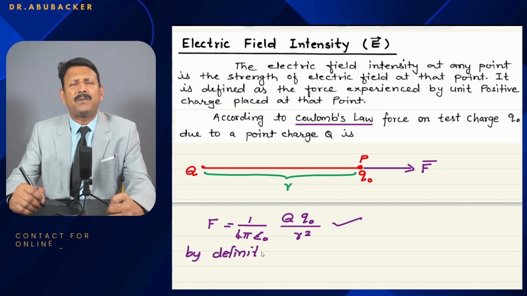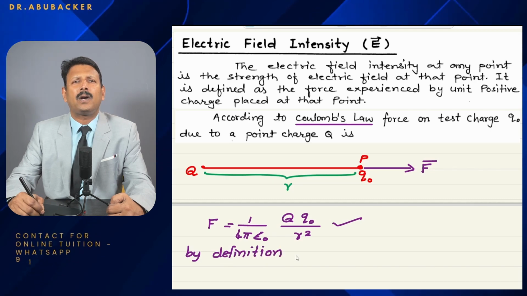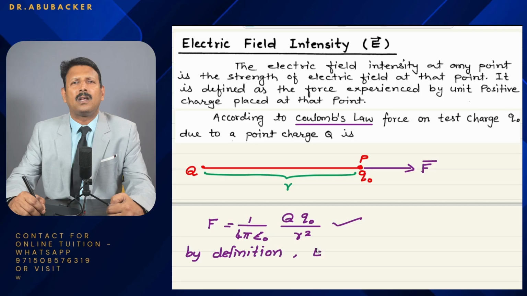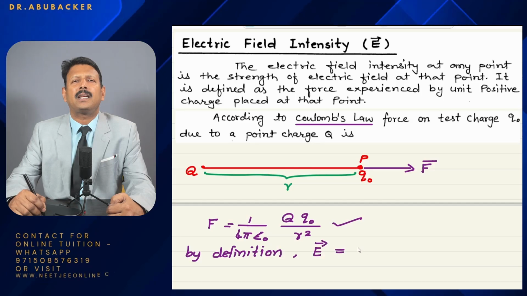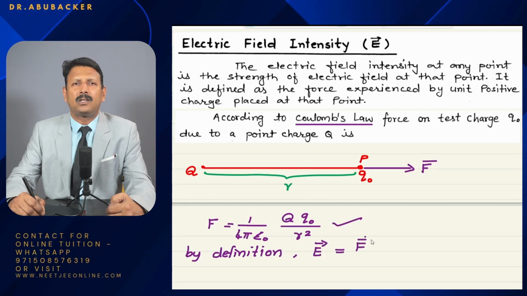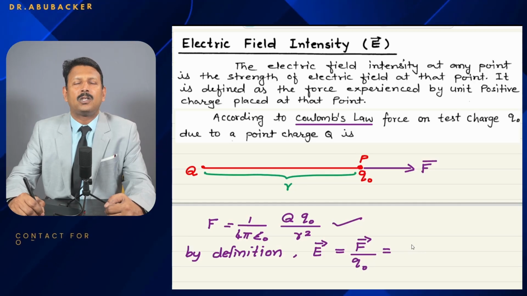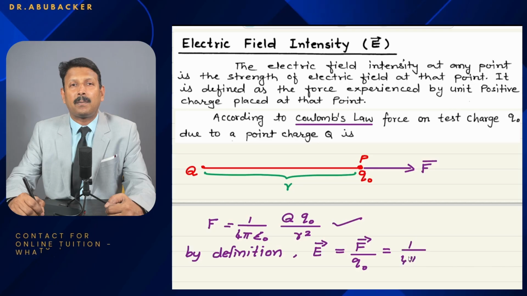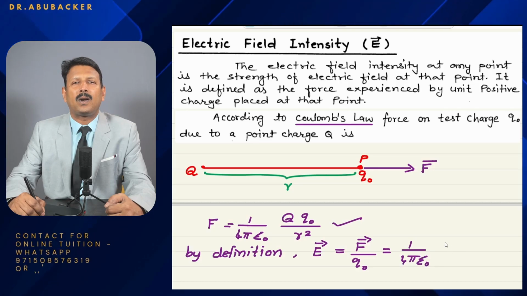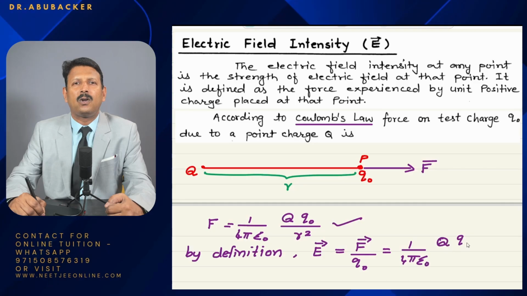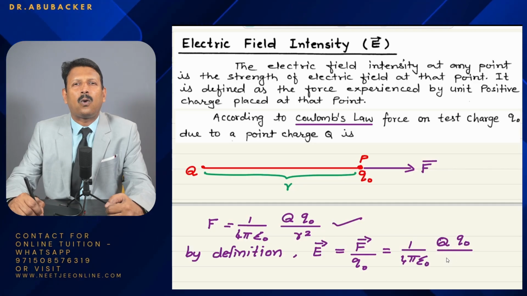And what is the definition of electric field? Just now I told you, right? Force experienced by a test charge. So by definition we can write E is equal to force divided by Q0. Now we can write the previous equation in place of F: 1 by 4 pi epsilon 0 Q Q0 divided by R square.